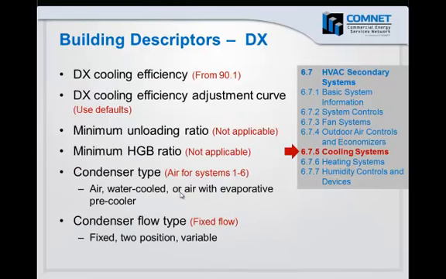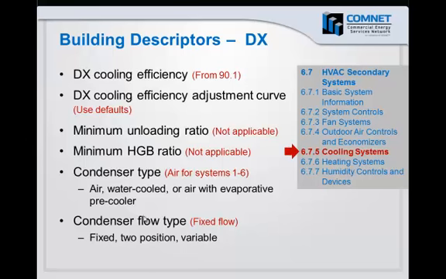For DX systems, these are the building descriptors: the cooling efficiency, the efficiency adjustment curve. There's an unloading ratio and a minimum hot gas bypass ratio, which are not applicable for the baseline systems.